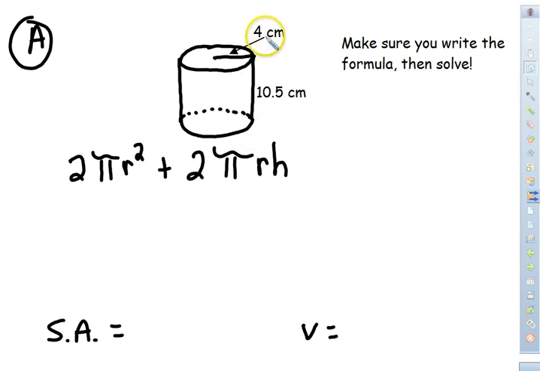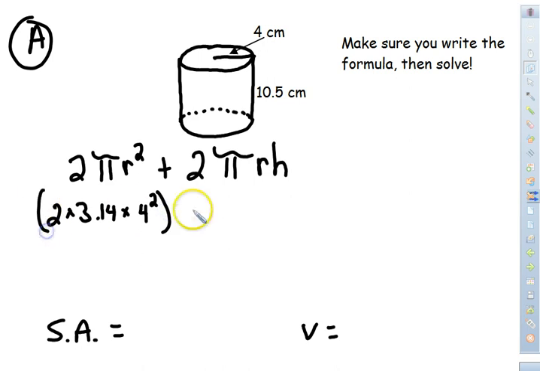So let's plug these numbers in. That's ultimately what you're doing. So 2 times 3.14 times the radius squared, so it's going to be 4 squared.